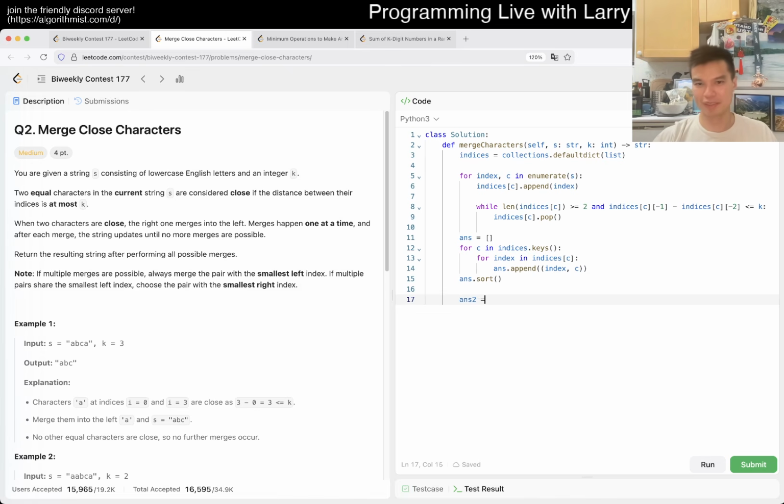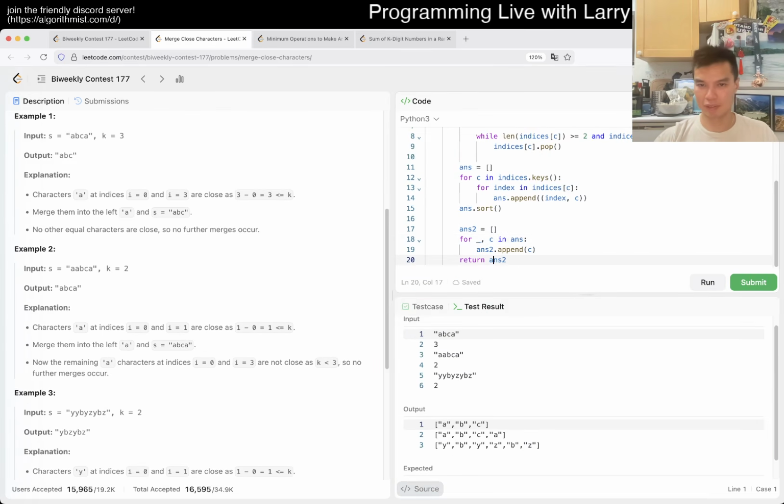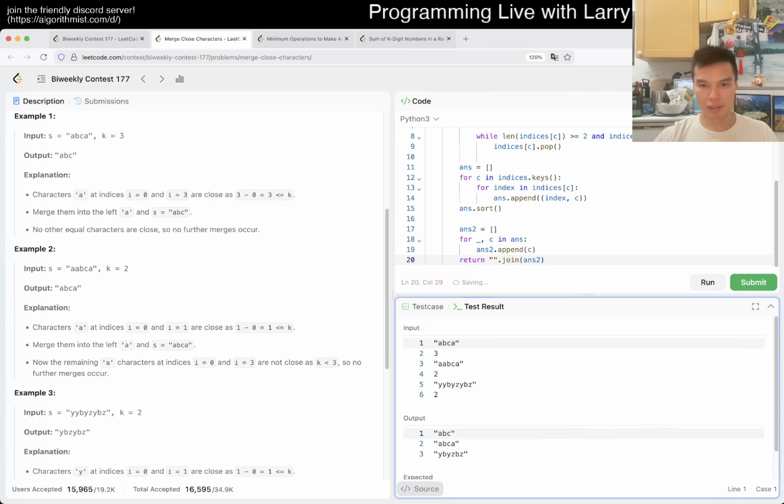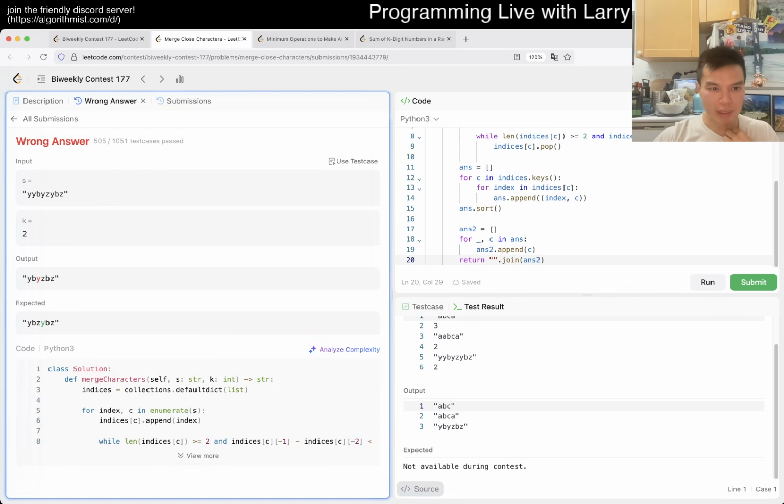Man, I'm just being dumb today. Something like this. Right. I have to convert it to string. Forgot. ABC. Hopefully I understood it right. If I understood it right, it should be good. But I did not understand it right.